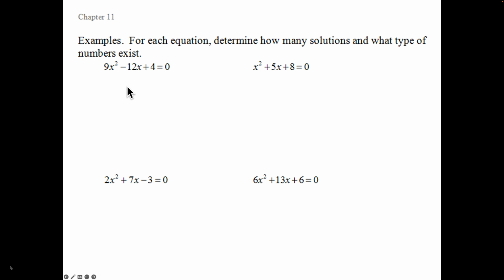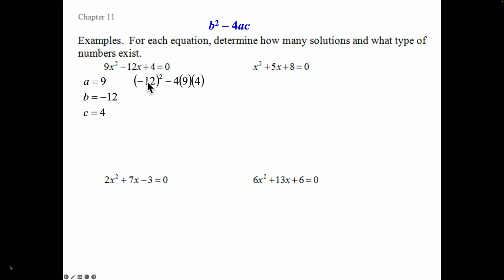So here you want to take your b squared minus 4ac. You want to identify the a value: ax squared plus bx plus c. A is going to be 9, b is going to be a negative 12, and c is going to be a positive 4. Now, when you crunch this out, remember negative 12 is going to go in for b, and you have to use parentheses.